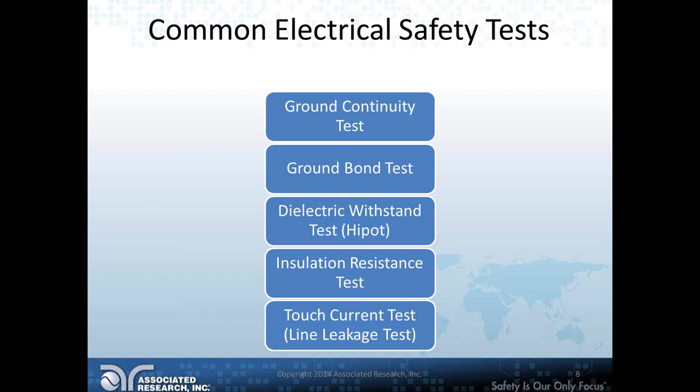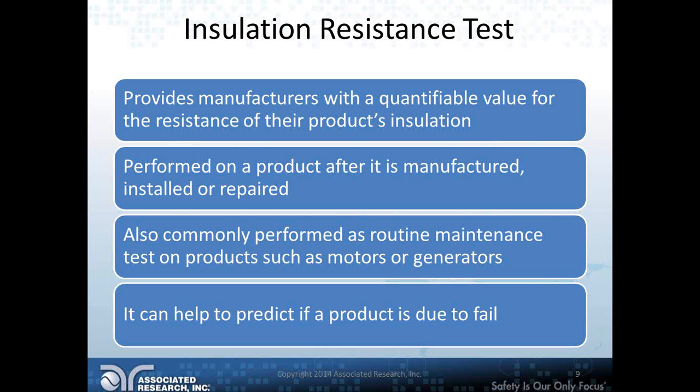It may also be performed on the production floor. It is also commonly performed as a routine maintenance test on products such as motors and generators, and it helps to predict if a product's insulation is due to fail. So it gives us some very good information.